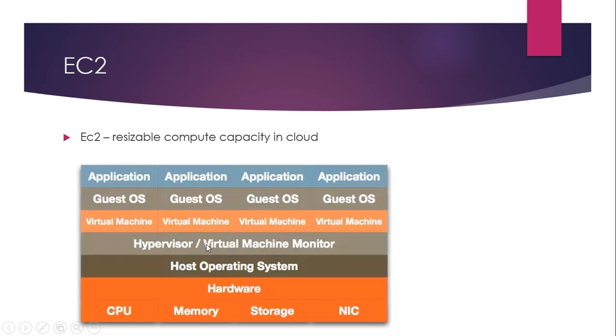This hypervisor is also called the virtual machine monitor, which means this virtualization layer will emulate, or deceive, as though it has its own disk drive. This virtualization layer has contact with the CPU, memory, NIC, which means network interface card, and the disk drives. The disk drive could be either a hard disk drive or a solid state drive.